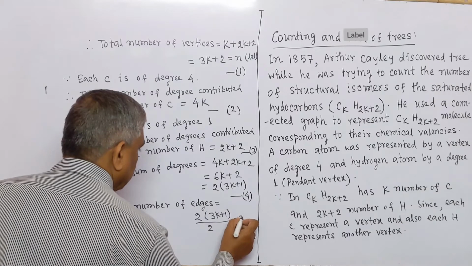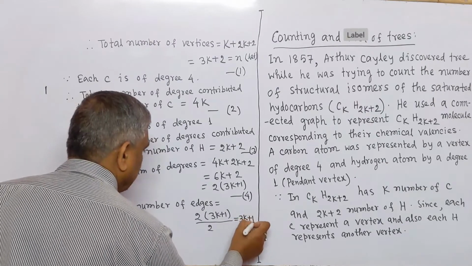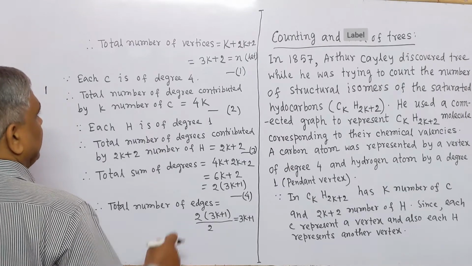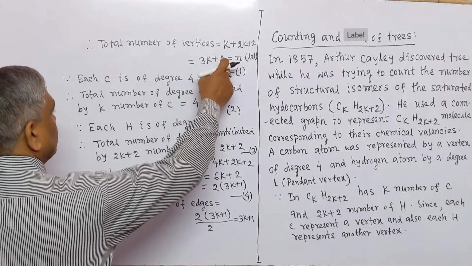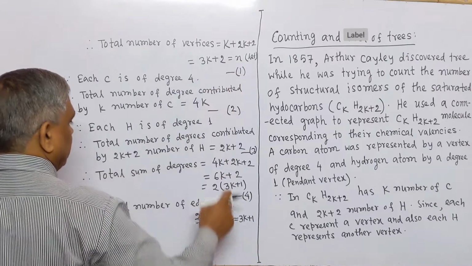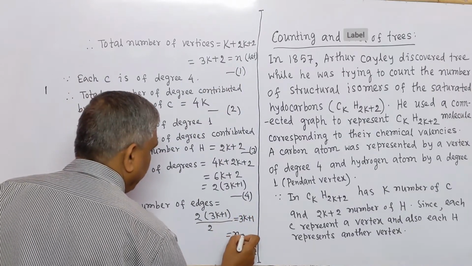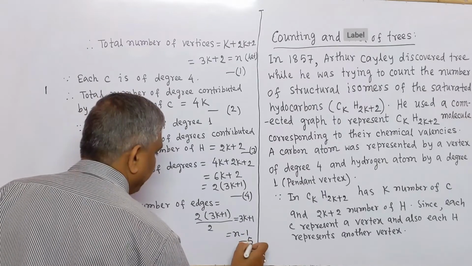This is 3k plus 1. Here we have 3k plus 2 equal to n. Therefore 3k plus 1 will be equal to n minus 1. This is number 5.